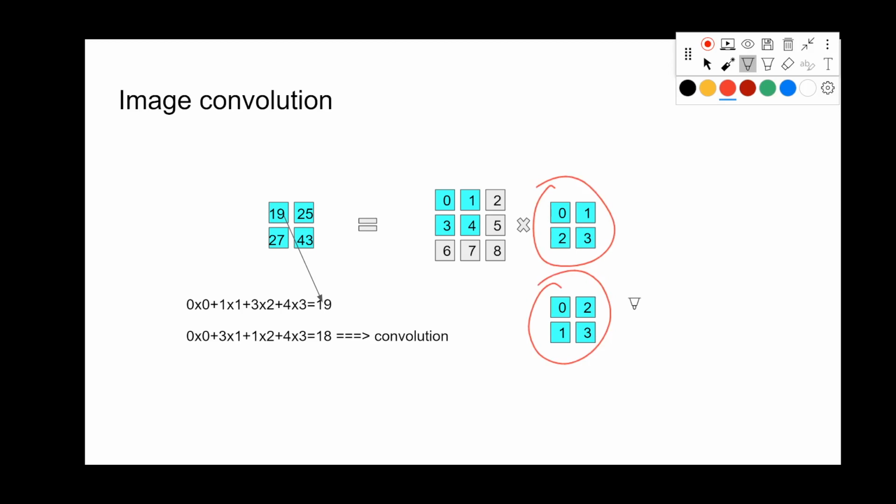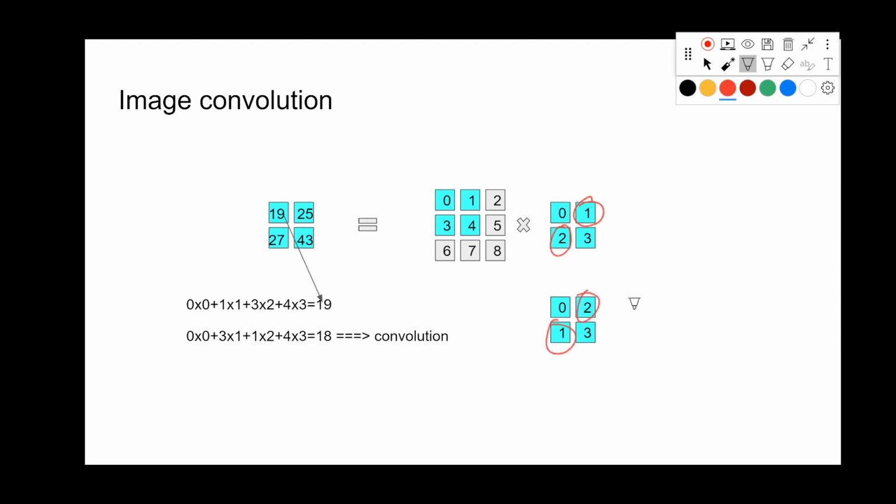So from the point of view of a neural network, we don't really care about this, because they just swap the positions of the numbers, and those numbers are decided by the backpropagation algorithm. So it doesn't matter whether we use the correlation or the convolution, because for us they are the same.